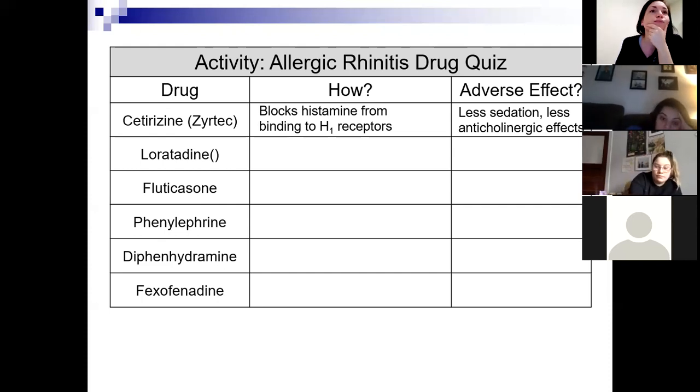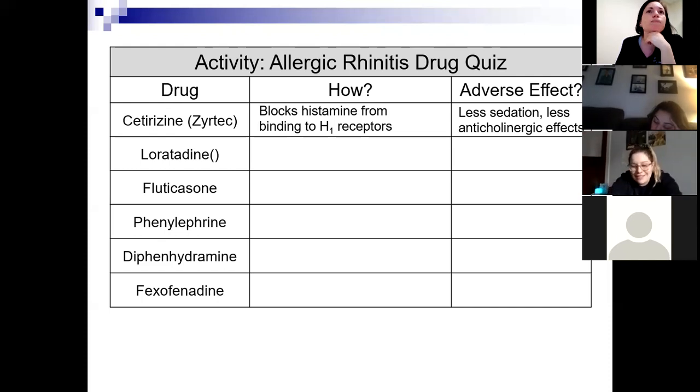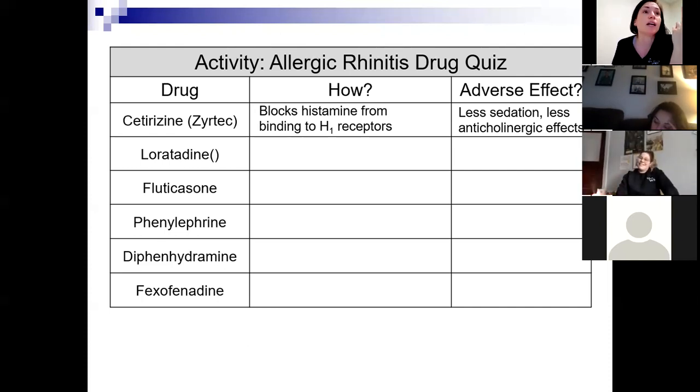Oh, Claritin. Right, Claritin. And then how does it work? It blocks histamine from binding to the H1 receptor. Yep, good. Just like it says here for the Zyrtec, it blocks the histamine from binding to the H1 receptors. It is a second generation antihistamine, so there's less sedation and less anticholinergic effect. So you guys can write some of these down to help you remember.